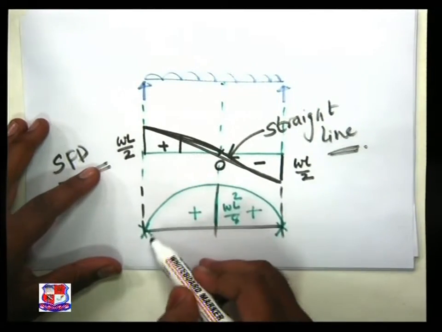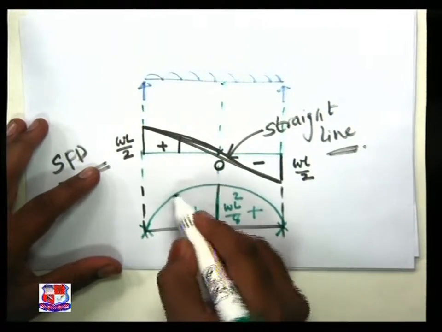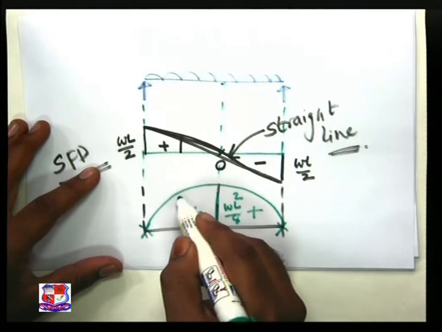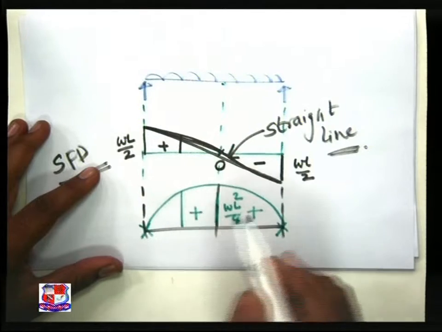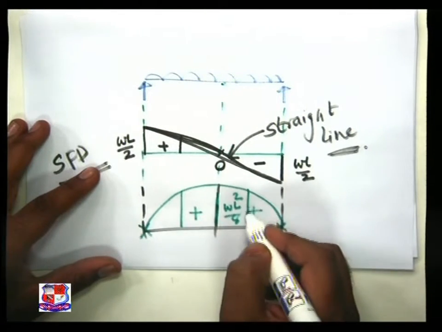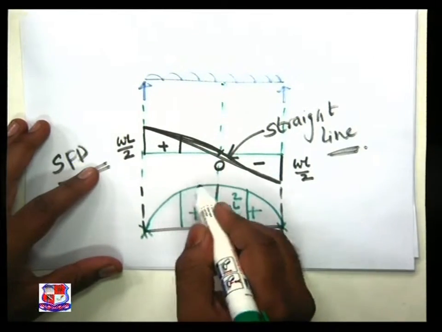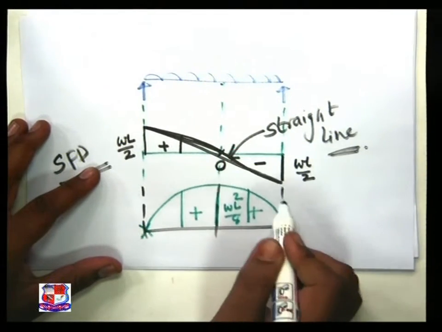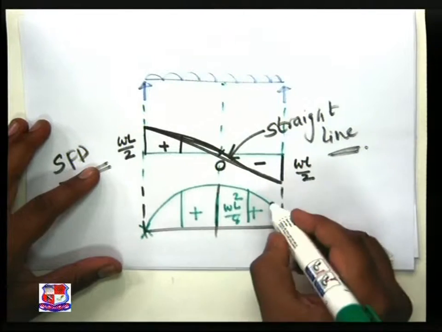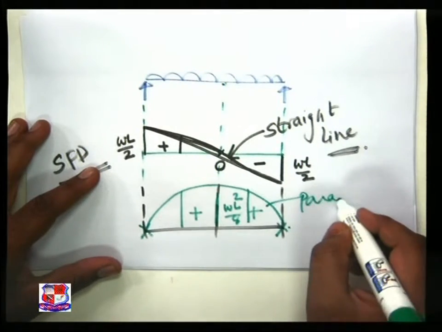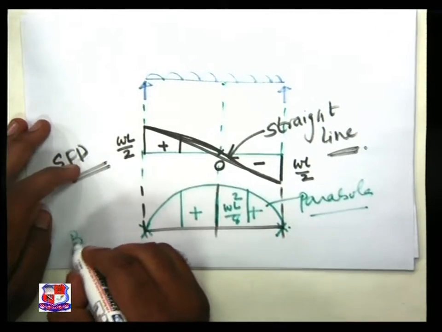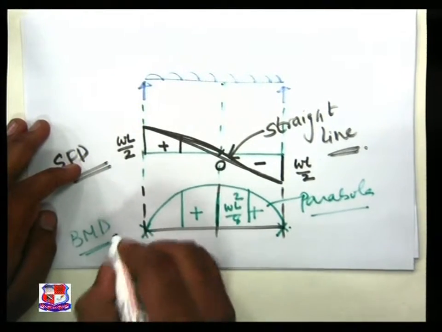If you want to achieve this exact shape of parabola, you can find the value of the ordinate of BMD at x is equal to L by 4. You can take the ordinate at 3L by 4, and by joining these 5 points, we get that parabola. So parabolic variation is there. This is my bending moment diagram.